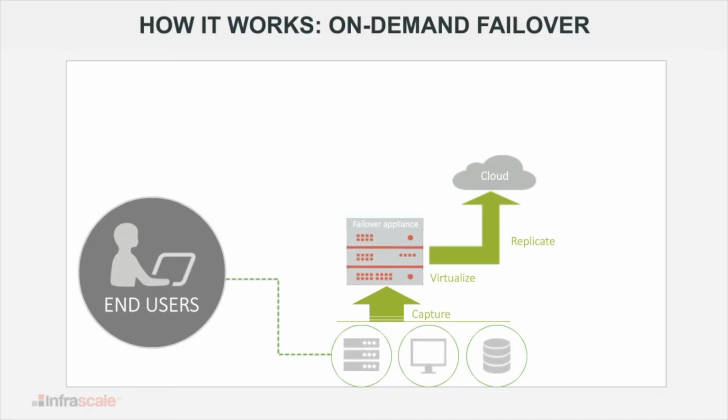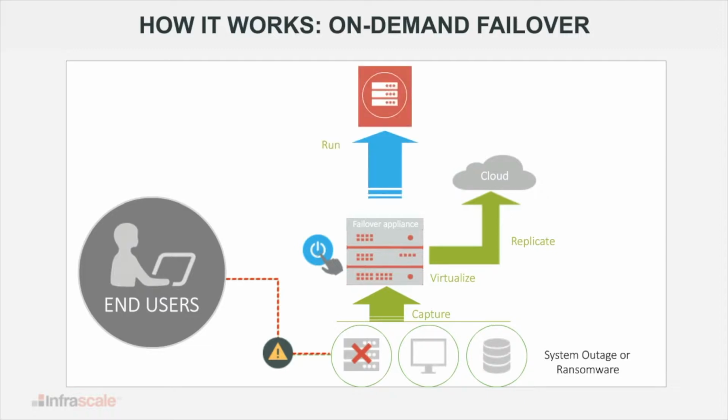If in an example here, a system outage or ransomware, right? If one system were to go down, the administrator could fail over to the local appliance and bring back the most recent point or replica of that system. And all of those users are going to continue working with that application or with that server.